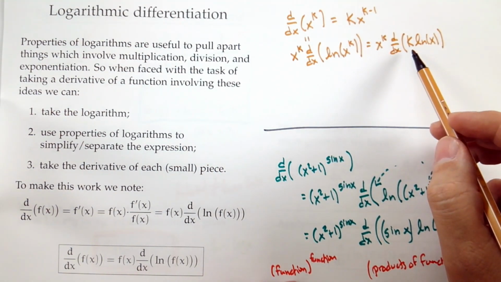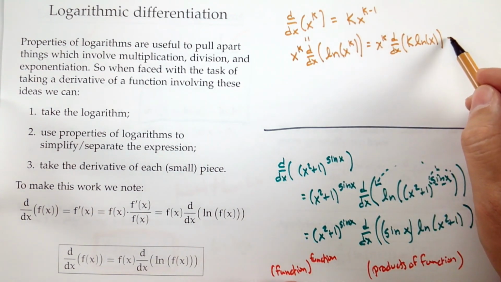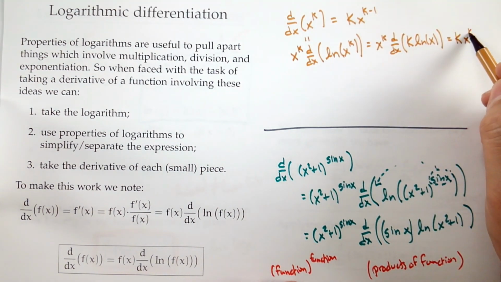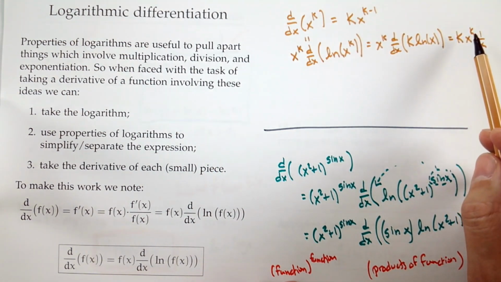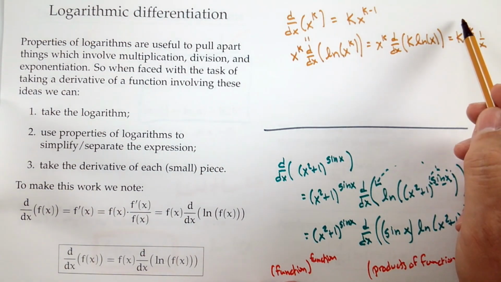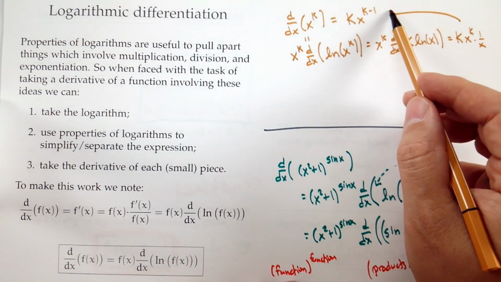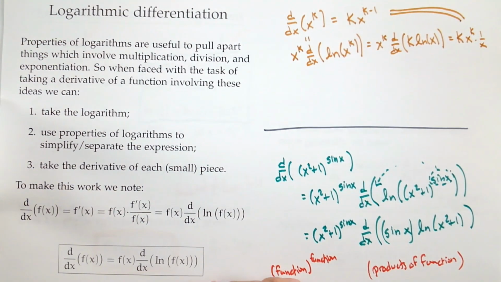Well, k is a constant, so that would come out. So you would get k, x to the k, and then the derivative of natural log of x is 1 over x. And now you see, it's x to the k, 1 over x, and that is k x to the k minus 1. Woohoo! Nice! Good progress.